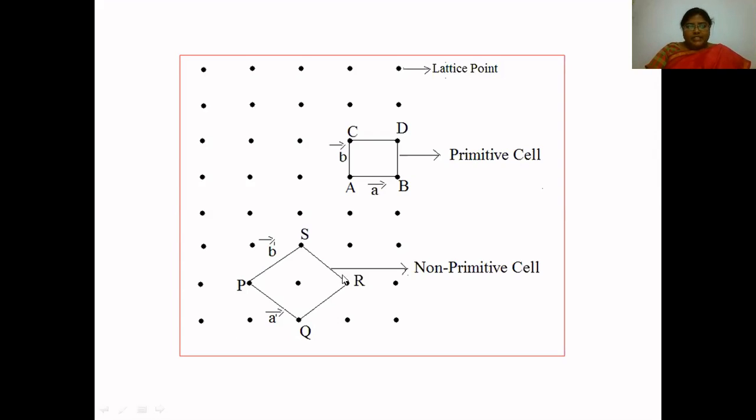Thereby, in this figure, the number of atoms in this non-primitive cell is 2 atoms per cell. Here only corner atoms contribute 1 by 4th part because this is a two-dimensional structure. So altogether 4 atoms, 1 by 4 each, come to 1 atom per cell, plus 1 complete atom present at the center. Hope you have understood this.